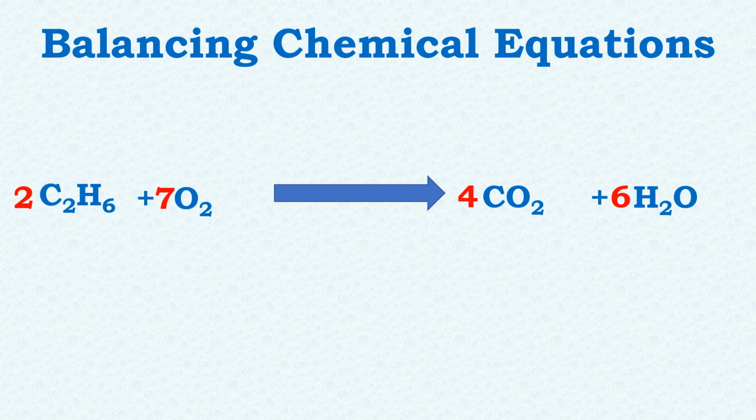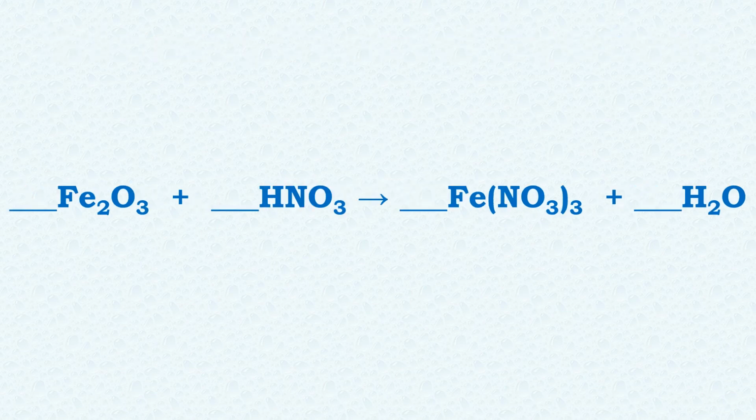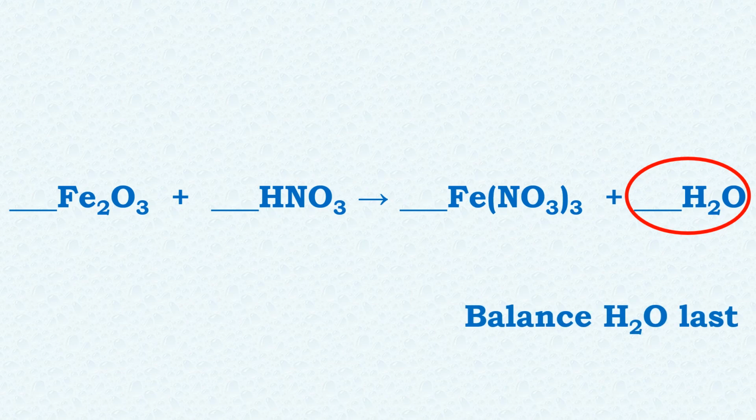Let's consider another example where there aren't pure elements present. Here we see the example of iron(III) oxide reacting with nitric acid to yield iron(III) nitrate and water. There aren't pure elements present, but we see a water, and I'll balance water last.